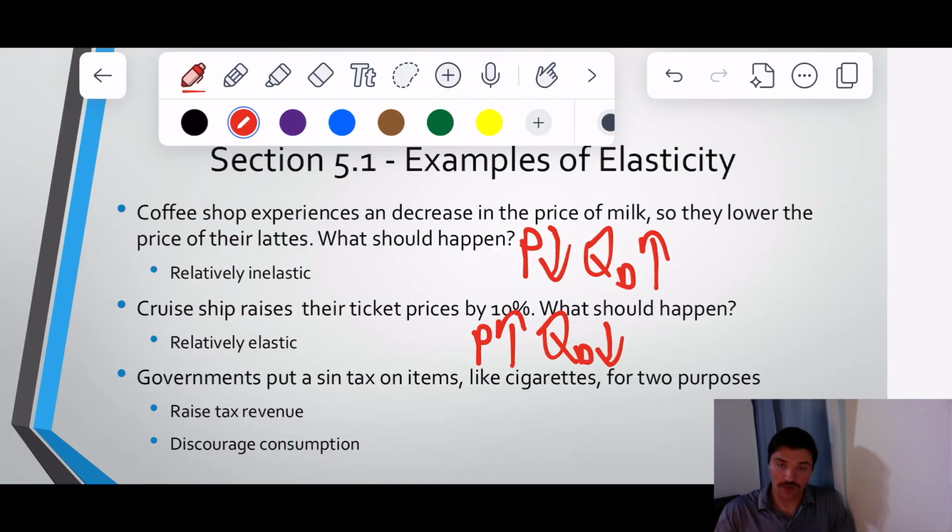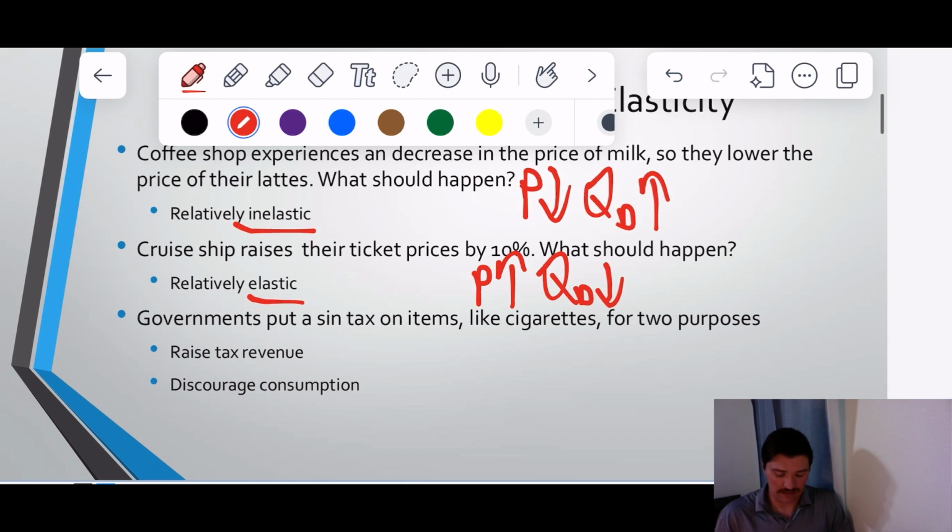Because it's a cruise ship, it's more expensive. We might see a dramatic decrease in the number of people getting a cruise ship ticket. So we have a bigger change, and we're going to call this elastic. Elastic shows that we're really sensitive to price changes. Something where we don't see much change is going to be inelastic, and I'll show you what that means in a second.